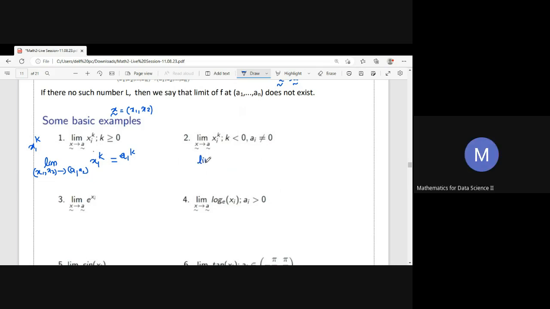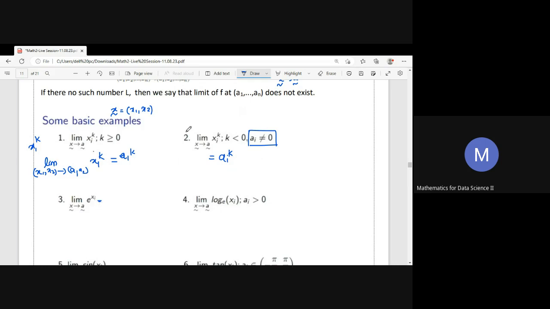So the answer is simply ai power k. Nothing is going to change if the power is changed, provided ai is not 0. Remember, for this limit to exist, you should have ai to be non-zero, otherwise it does not make sense. So here, exponential powers.